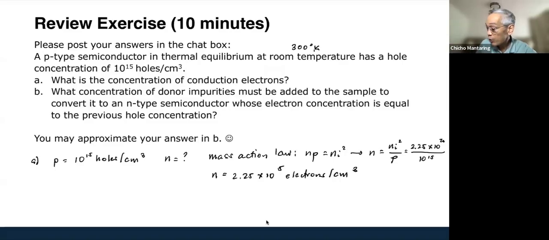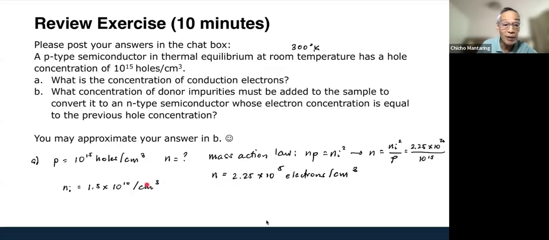Okay, certain things I want to point out. Anong value ng Ni natin? Ni is equal to 1.5 times 10 to the 10. Okay? This is per centimeter cubed. What is N? 2.25 times 10 to the 5. If we compare N to Ni, you notice that N is very much less than Ni.